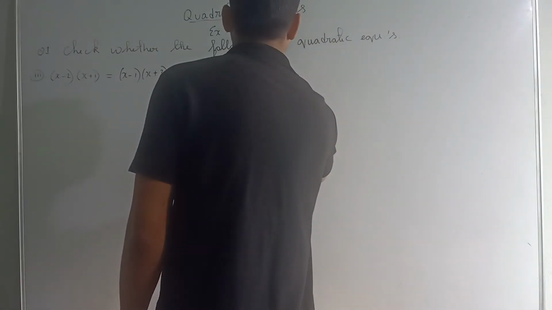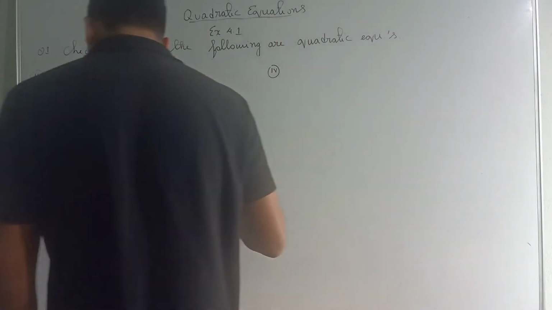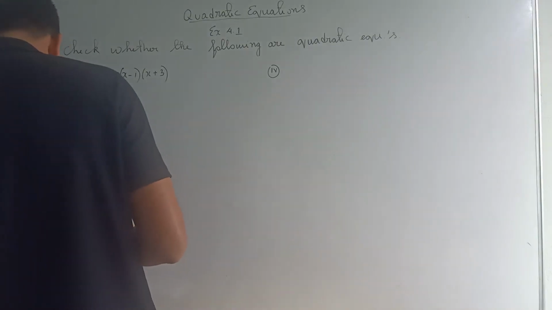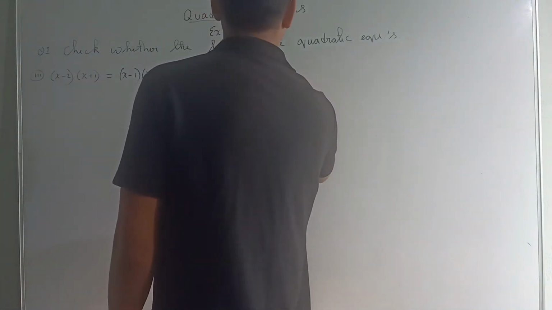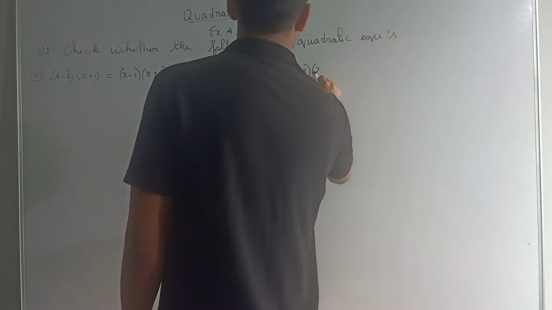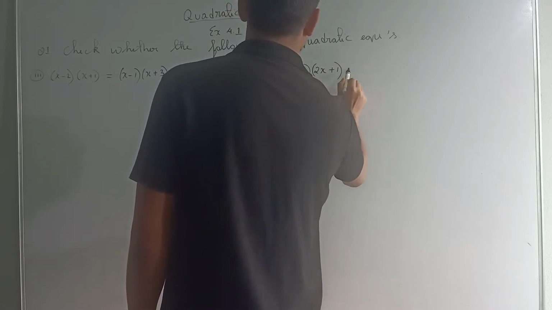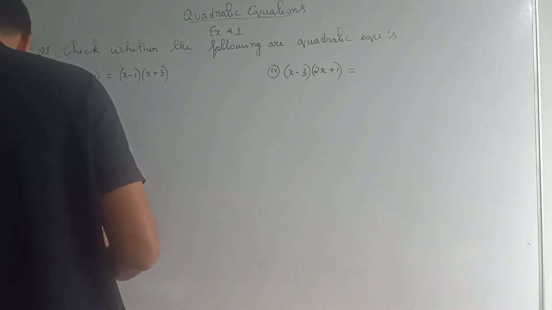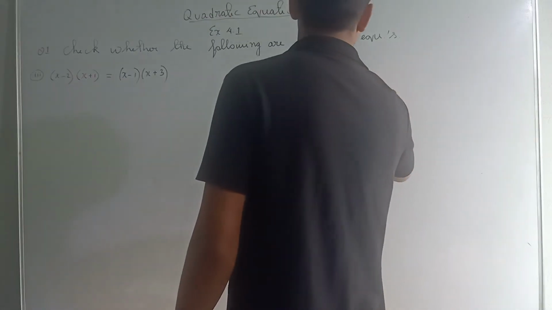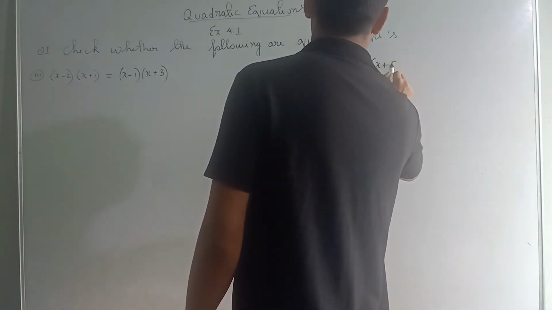And in Roman 4 we have x minus 3 times twice x plus 1 is equal to x times x plus 5.